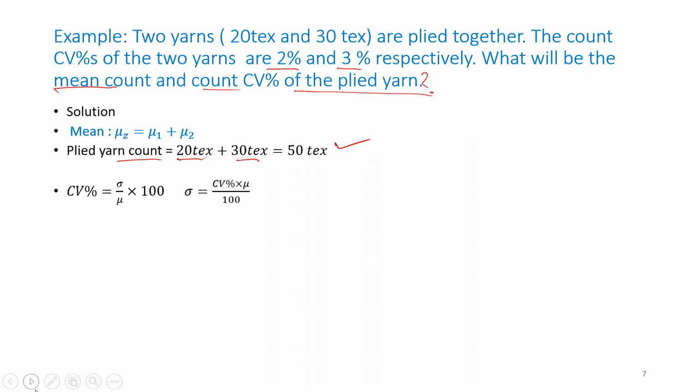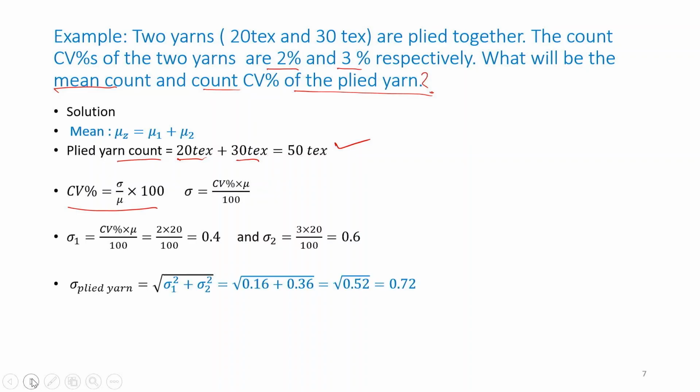Now CVs are given, but not the standard deviations. So the CV formula is stated here. From there we can write the sigma as this. So what is sigma 1 for the 20 ticks yarn? We can calculate that, substitute the values, and we get a figure which is 0.4.